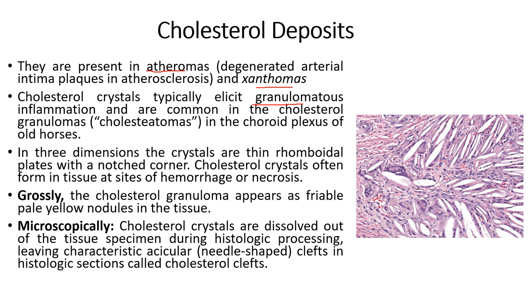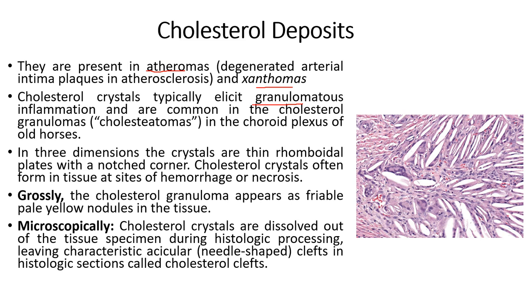Sometimes the granulomatous inflammation, or accumulation of chronic inflammatory cells around the cholesterol crystals, is named cholesteatoma, and this is mostly seen in the choroid plexus of old horses.